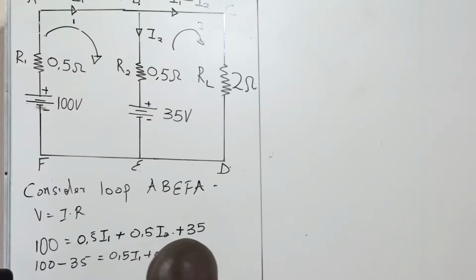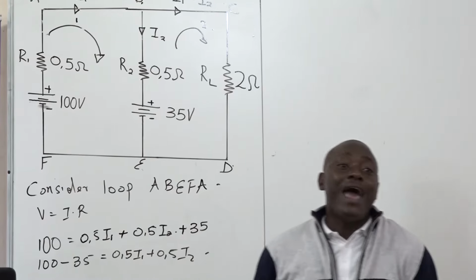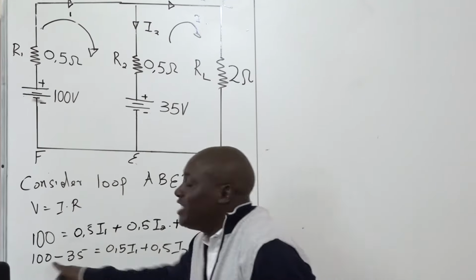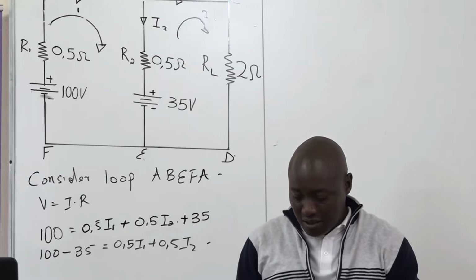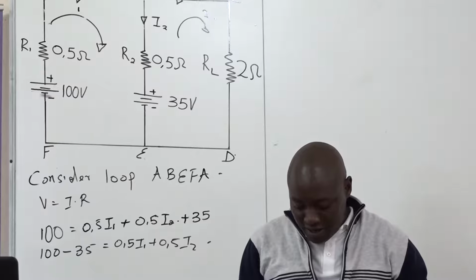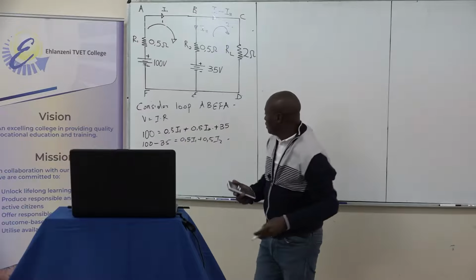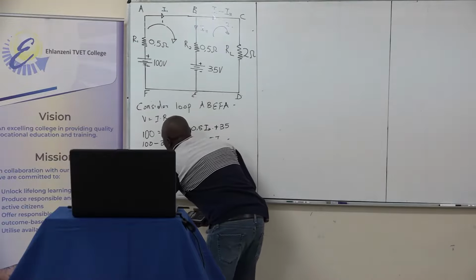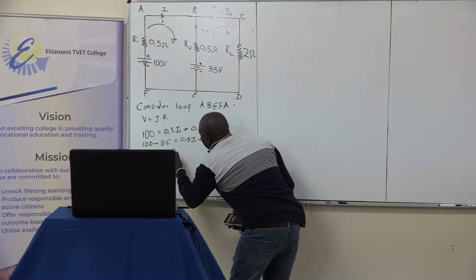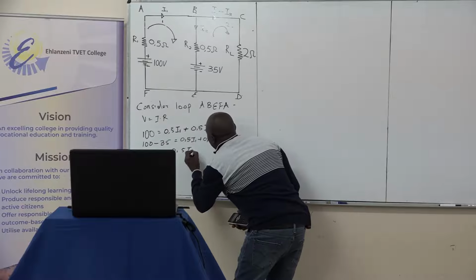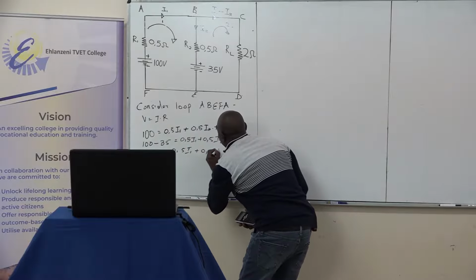Now I need to find the difference between 100 and 35, which is 100 minus 35, which is 65 volts. And 65 equals 0.5 I1 plus 0.5 I2.